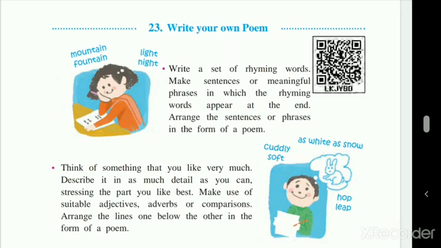In that, you have to make use of different types of words and describe by using adjectives, adverbs or comparisons. Then arrange the lines one below the other in the form of a poem.